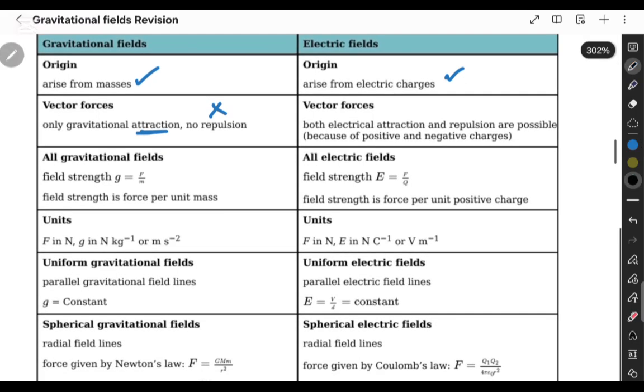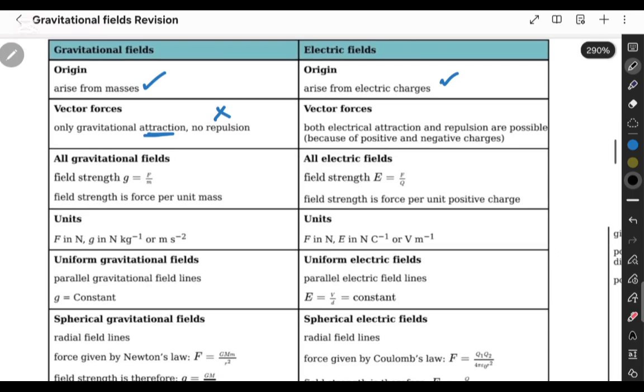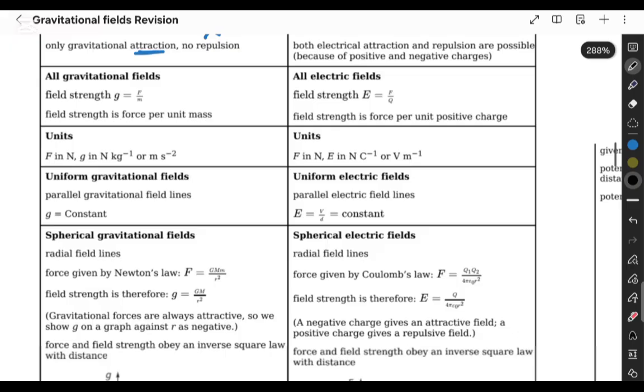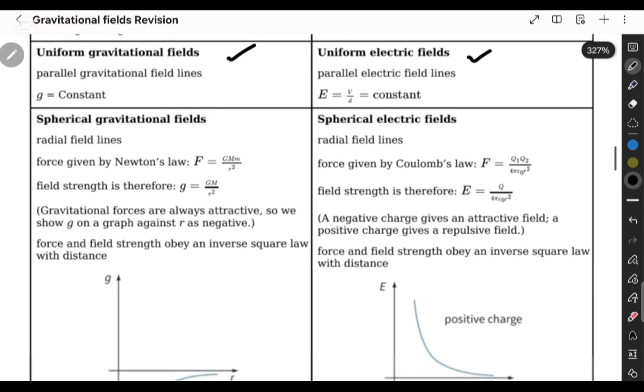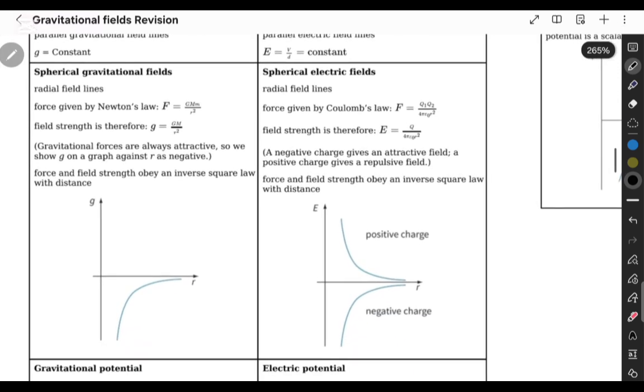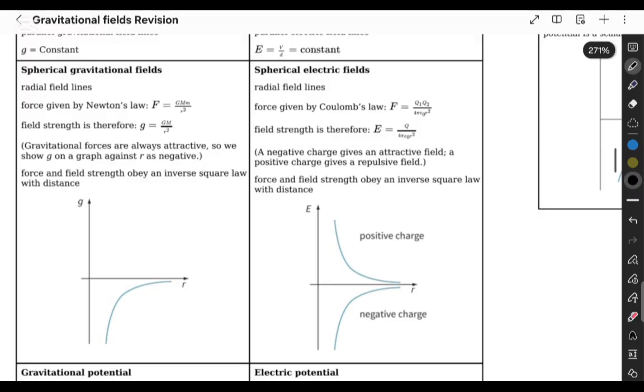Both of these are given by the formulas g equals F over m and E equals F over Q, very similar formulas. And both the gravitational field and electric field obey the inverse square law. Very, very important. You can see the uniform gravitational field and uniform electric field formulas are very similar as well.